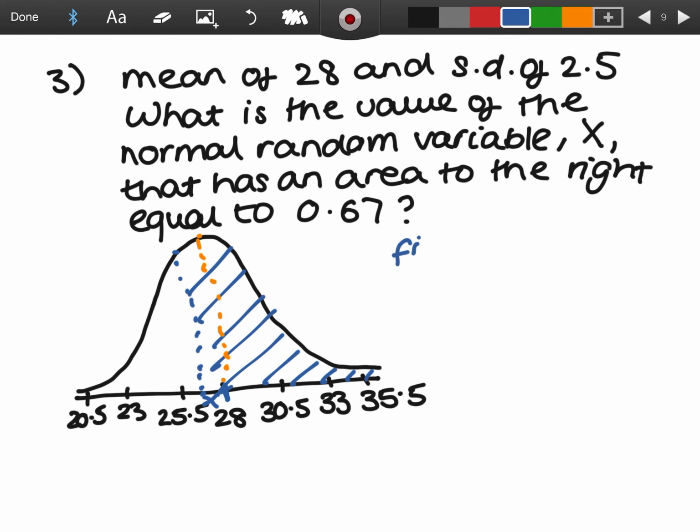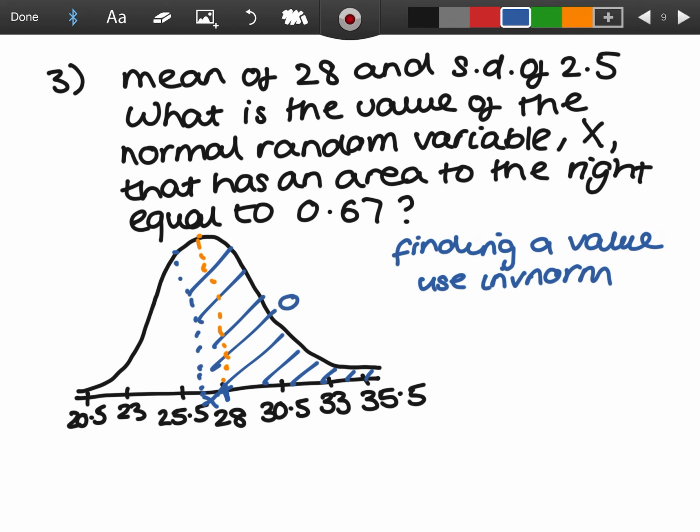Now remember, when you're finding a value, you use inverse norm. So I know I've got to use the inverse norm function. But remember, when you use that inverse norm function in your calculator, you always have to plug in the area to the left of the value that you are trying to find. At the moment, I only have the area to the right, which is 0.67.